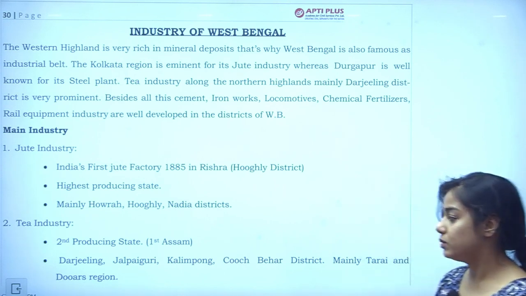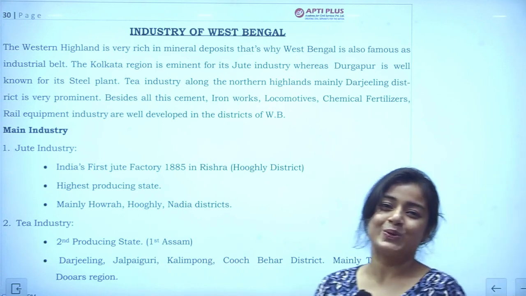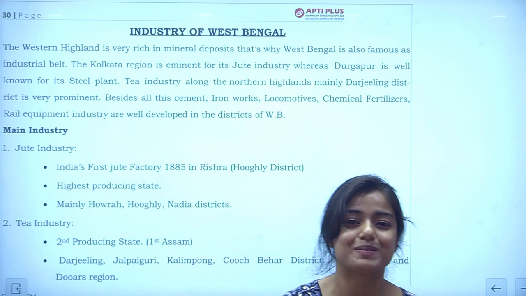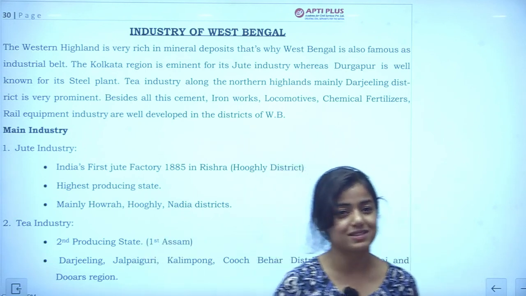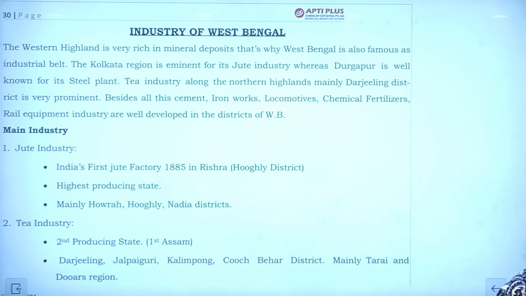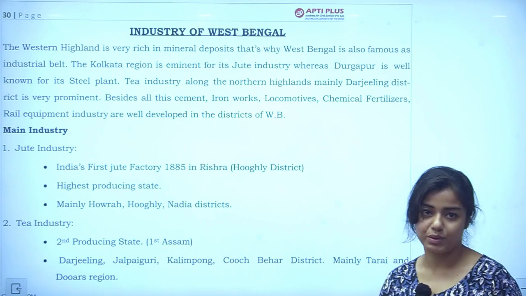This is just for your general knowledge, I guess. Since you are a resident of West Bengal and also going to give WBCS, I think it is good if you are aware of this additional information.